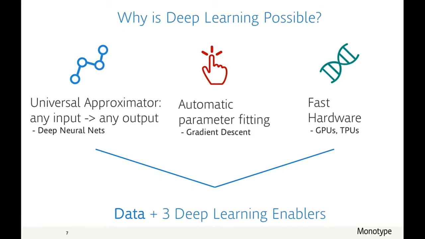Next, why is deep learning even possible? Why is it we can now do this kind of thing? It turns out, on an abstract level, you need three things. You need what's called a universal approximator, which can map any input to any output.